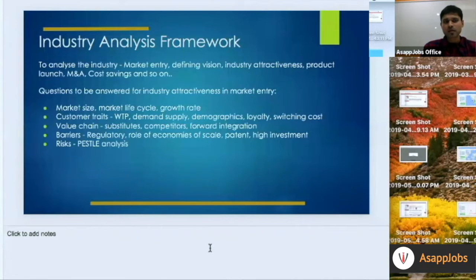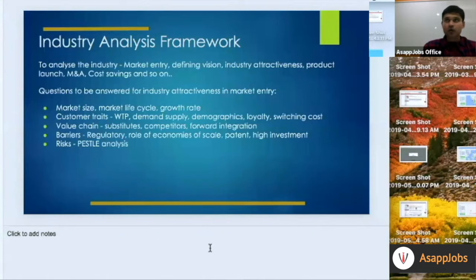The third is whether it achieves your business goal or not. For example, the industry is attractive and it aligns with the vision, but if we talk about Google, I don't know the revenue numbers, but let's say it has a revenue of $100 billion or $200 billion. Now its goal is to enter a market which would help increase its revenue by, let's say, 5%, which is $5 billion.